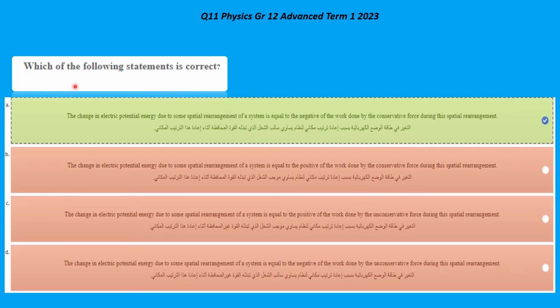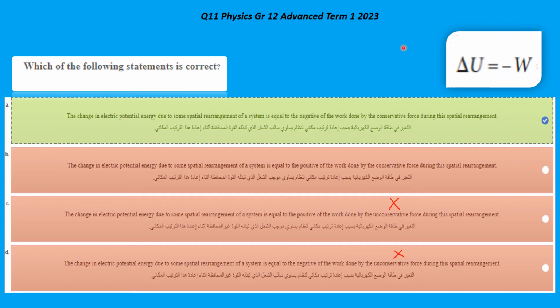We continue with question 11. Which of the following statements is correct? We refer back to chapter 3 section 1 for that question. From that section you remember this relationship: delta U, the change in the electric potential energy, is equal to negative the work.